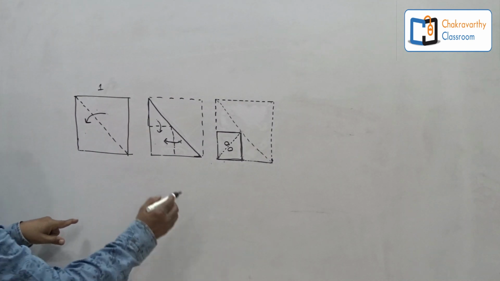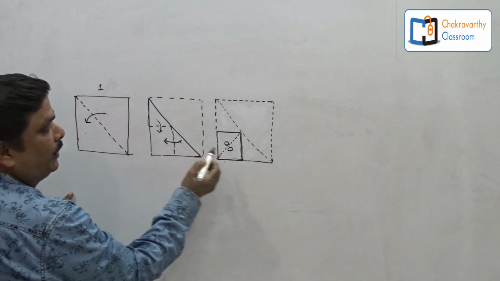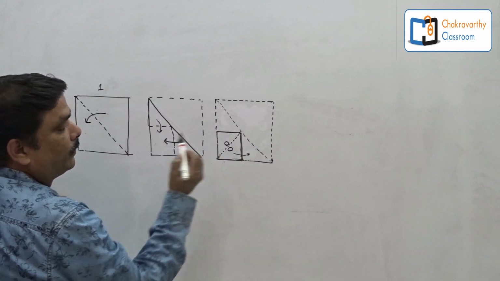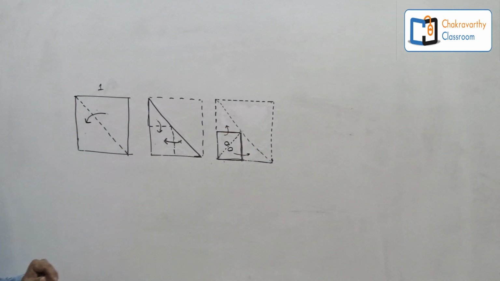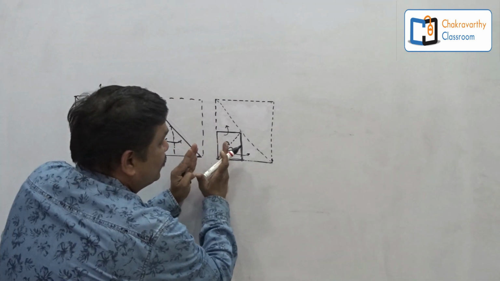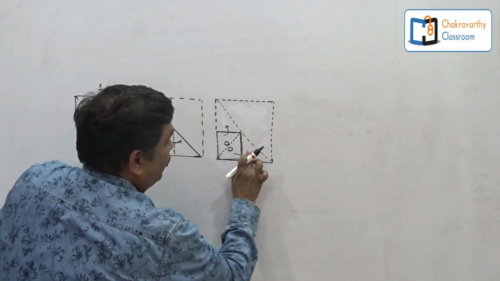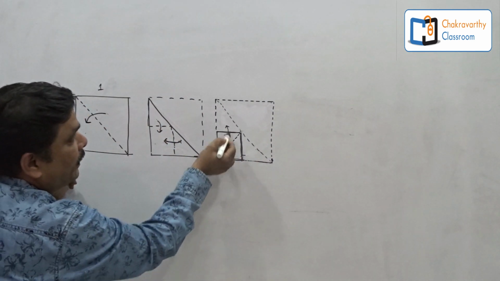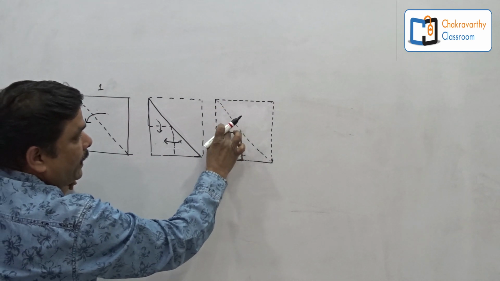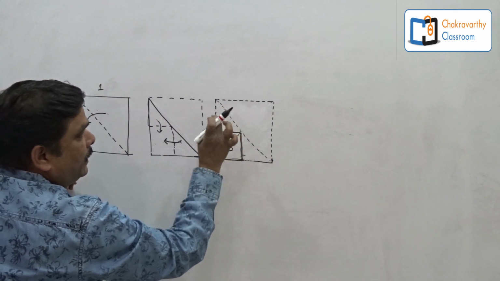Now go for the unfolding, students. When the folding is from here to here, I need to unfold from here to here. Again, I need to unfold from here to here in this one. Okay, just imagine this one. If you unfold this one from here to here, how should that be? So from here to here, how should this cut be? Very simple to understand.